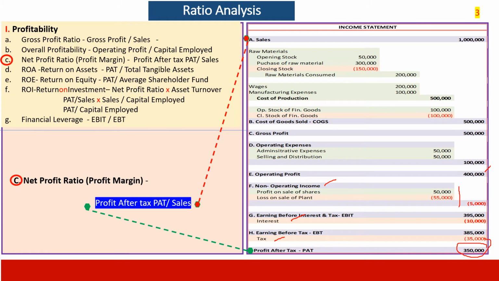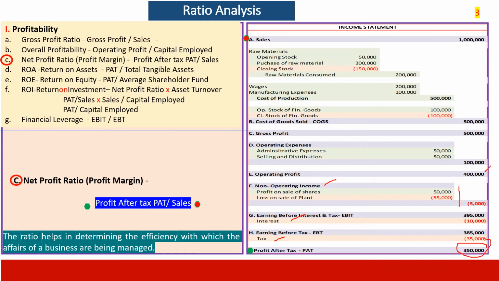Net profit ratio or profit margin is nothing but PAT divided by net sales. What does it convey? This talks of the efficiency with which the business is being run. If you save on these expenses, if you improve the gross profit, if you save in interest, if your tax is minimum, in that case everything gets built into profit after tax, which as a percentage of sales will be quite impressive.